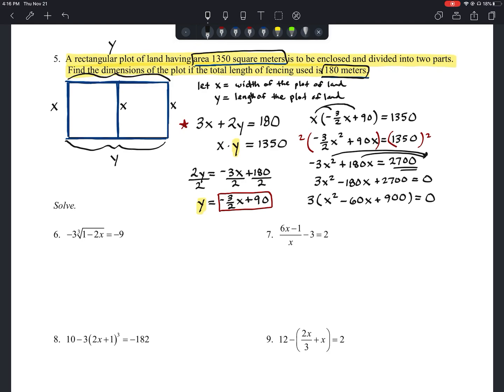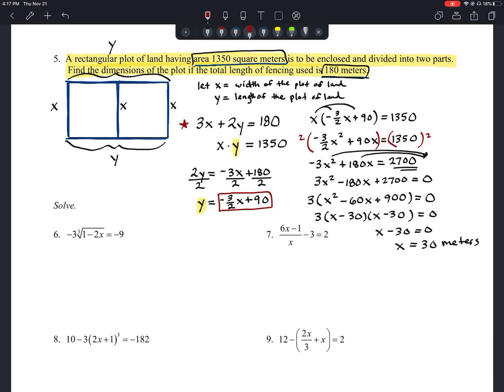And when we take that here, that should factor again into our, let's see here, factors of 900 that add to 60. Well, that's easy. That's going to be -30 and -30 there, which means that when we solve that, x minus 30 equals 0, x equals 30 meters.